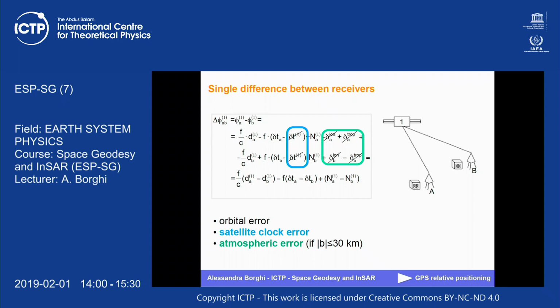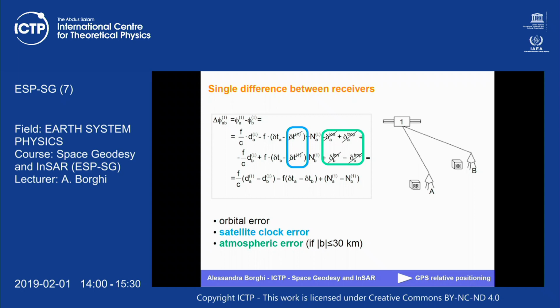Okay, and if you write the expression of the equation of the phase, we can see that we have a term with our geometric unknown parameter, the coordinates of the two receivers, A and B. We have the error due to the clock, the ambiguity, and the ionosphere-troposphere effect.